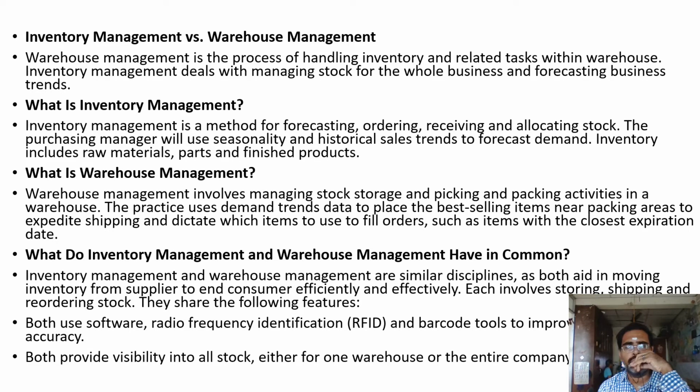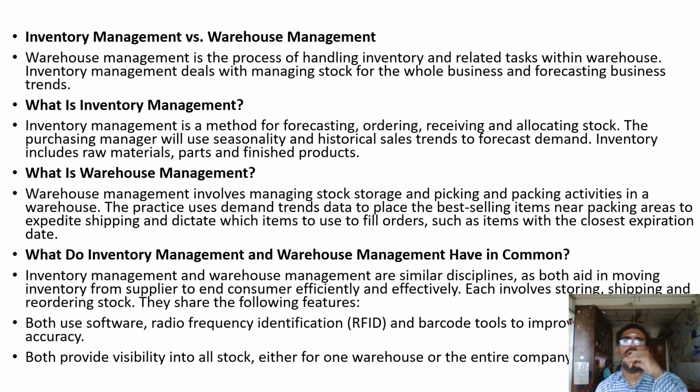So, what do inventory management and warehouse management have in common? They are similar disciplines in maintaining inventories, as both aid in moving inventory from the supplier to the end customer efficiently and effectively.